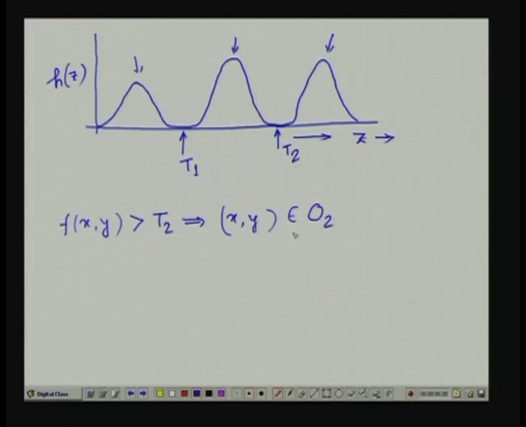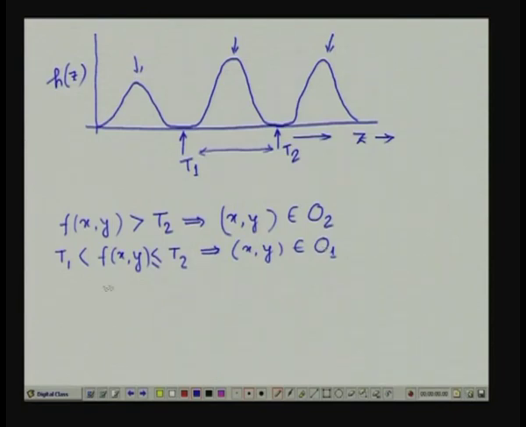In the other case, if a pixel has an intensity value greater than T1 and less than or equal to T2, then this particular pixel belongs to object O1. So, our decision rule will be that T1 < f(x,y) <= T2 indicates that the corresponding pixel x y belongs to object O1.